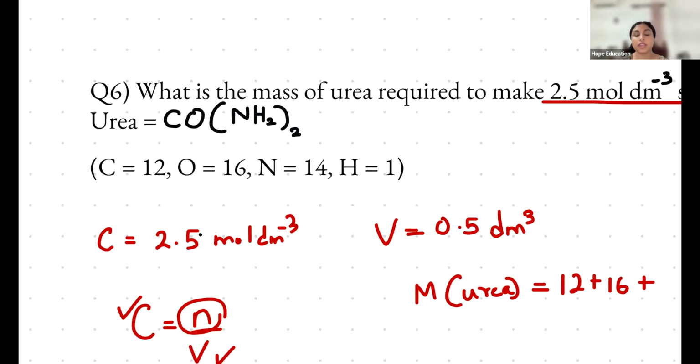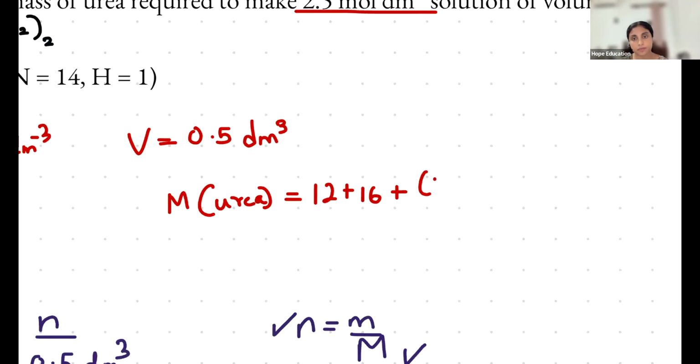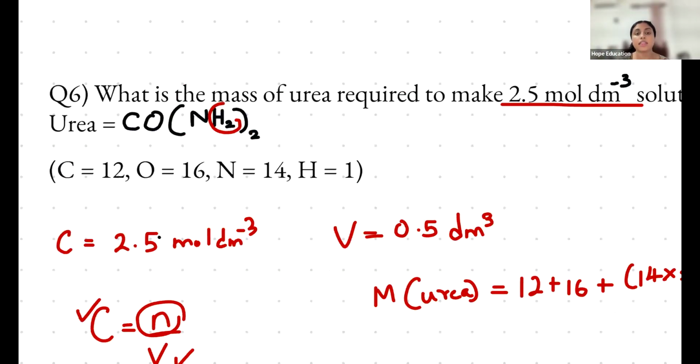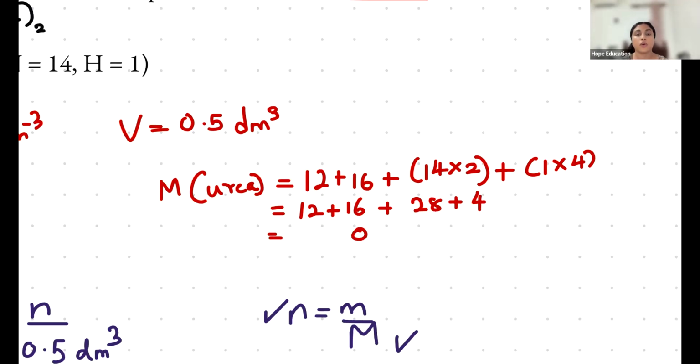One nitrogen is 14, so 2 nitrogens is 14 times 2. Plus, there are 2 hydrogens here, and there are two of those, so 2 times 2, 4 hydrogens. 1 hydrogen is 1, so 4 hydrogens would be 1 times 4. So 12 plus 16, 14 times 2 is 28, 1 times 4 is 4. So 60 grams per mole is the molar mass of urea.